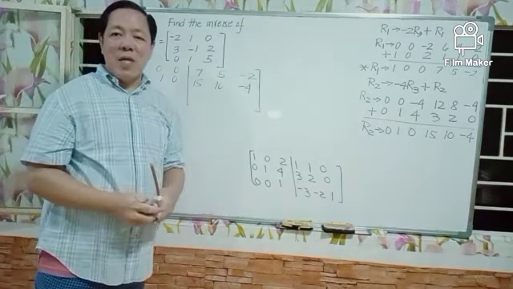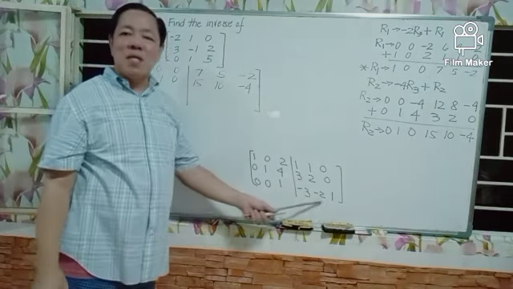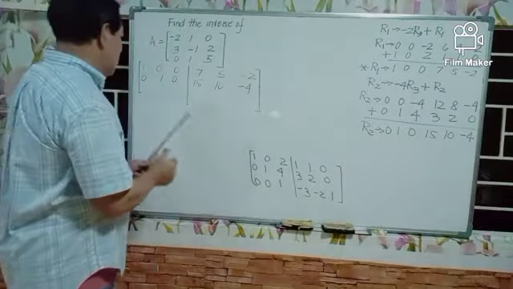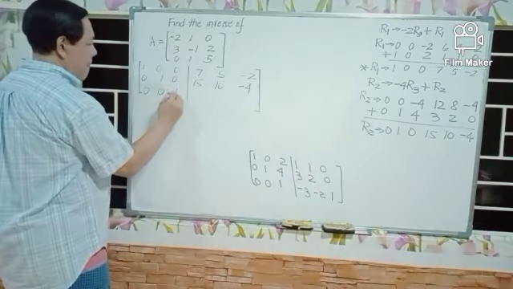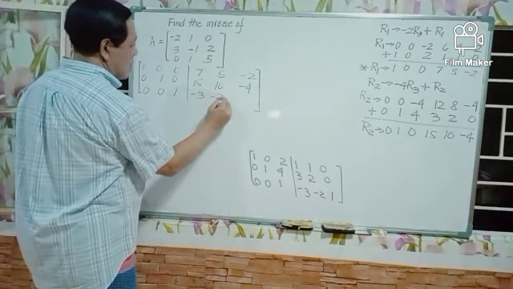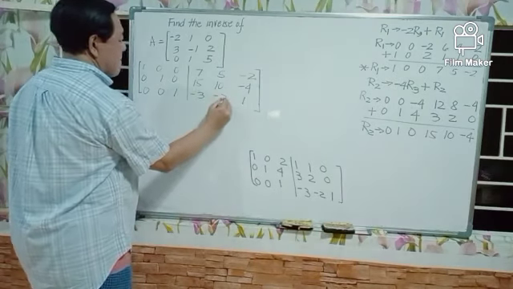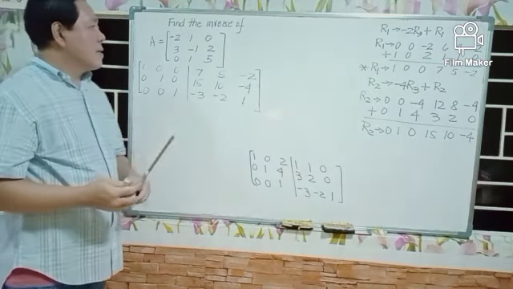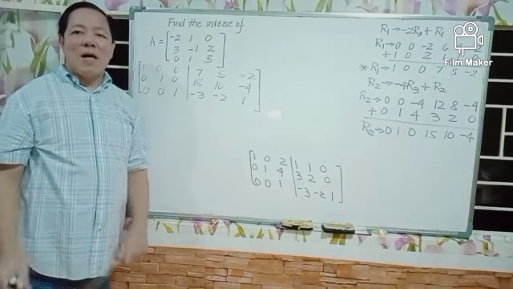And the entries of the last row are the same, 0, 0, 1, negative 3, negative 2, 1. Now we have obtained the equivalent matrix I.